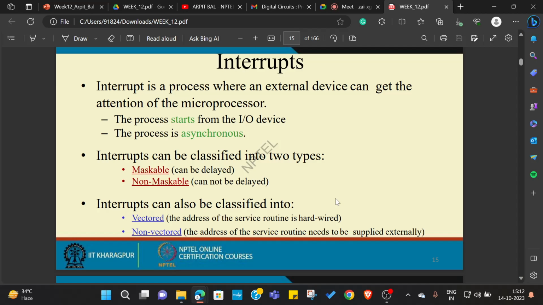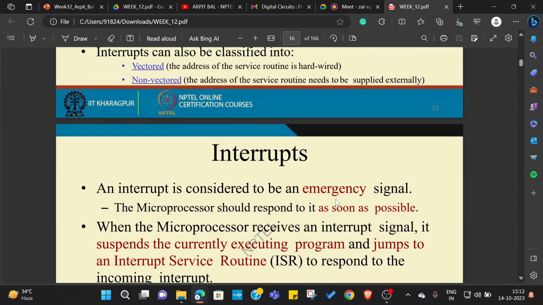So it's asynchronous, and these interrupts are classified into two types. One is on the basis of maskability, whether it is maskable or non-maskable. Another is whether it is vectored or non-vectored. If the address of the service routine is hardwired, it is called vectored. If it is non-vectored, then this address needs to be supplied externally.